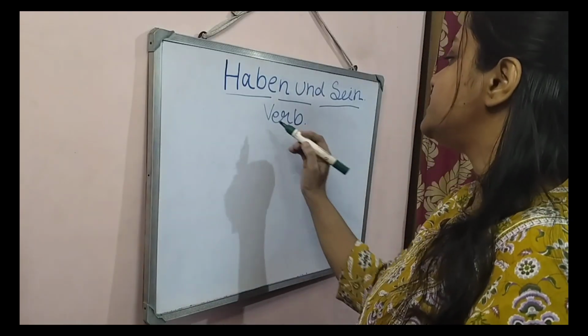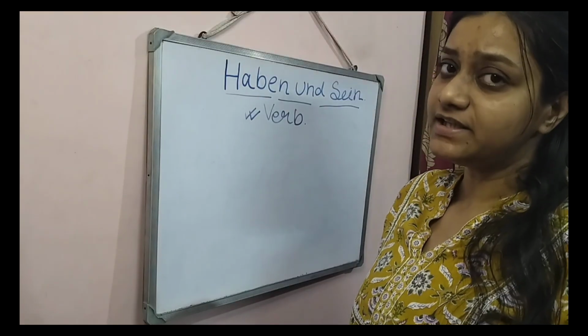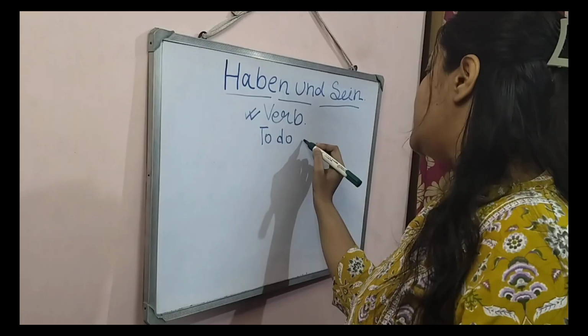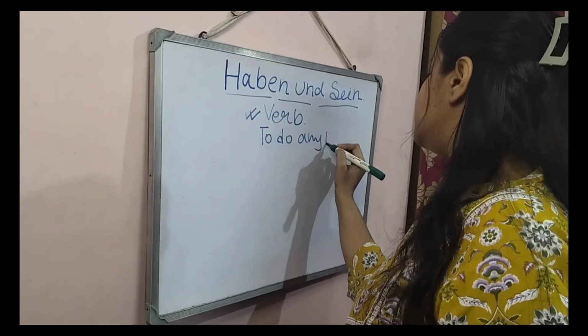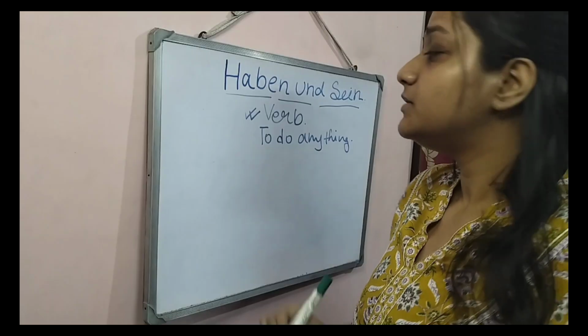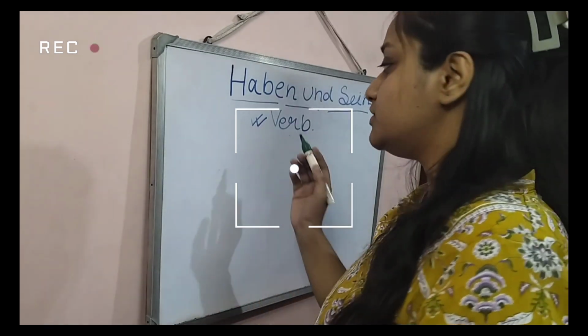So first of all, what is a verb? We know that in English, a verb means to do anything. Now let me tell you what is conjugation in German.